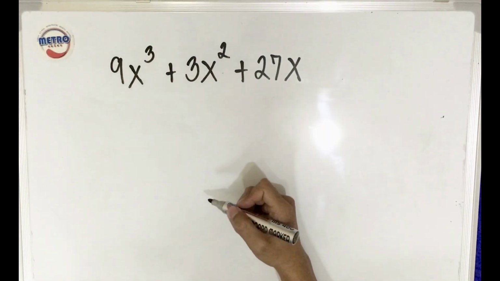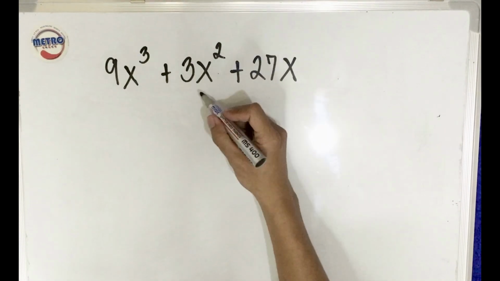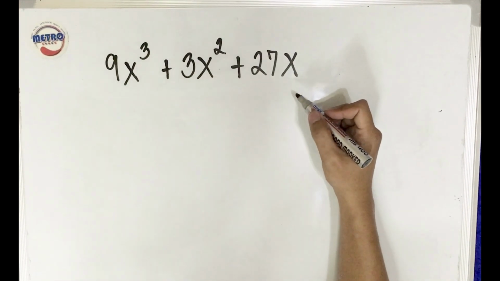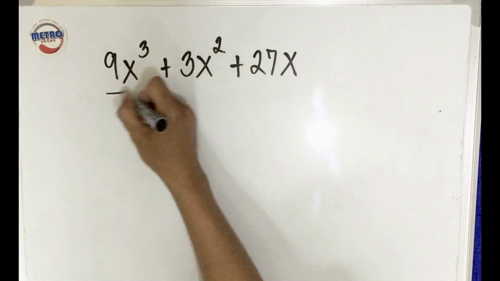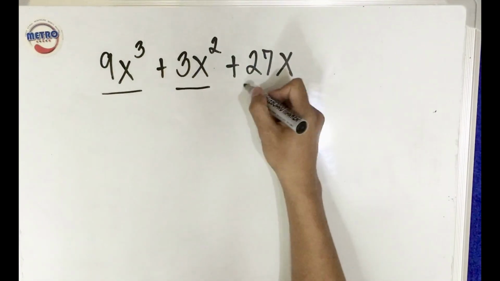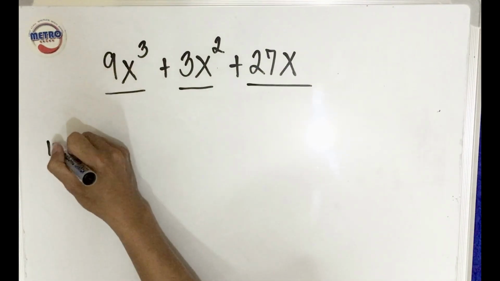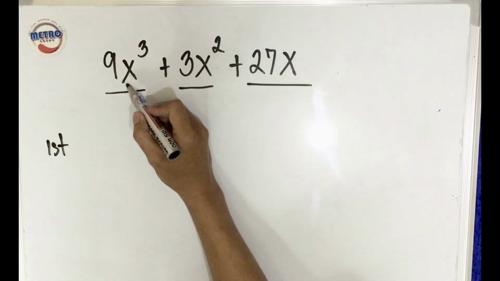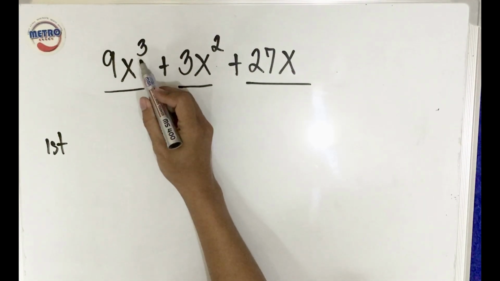Let's have the third example. 9x cubed plus 3x squared plus 27x. This one is an example of trinomial. First term, second, and third. For the first term, let us factor out 9x cubed.